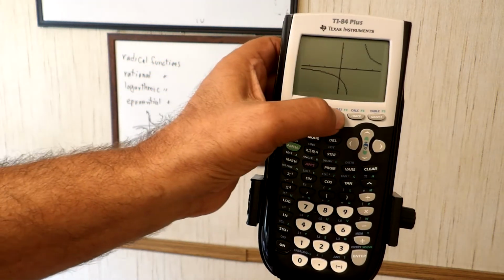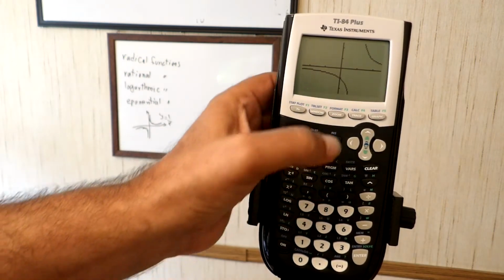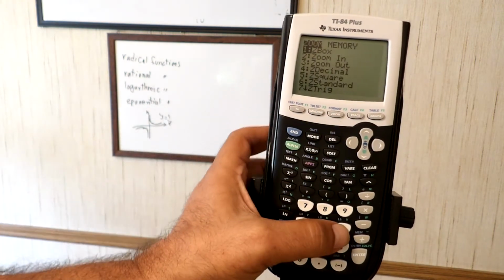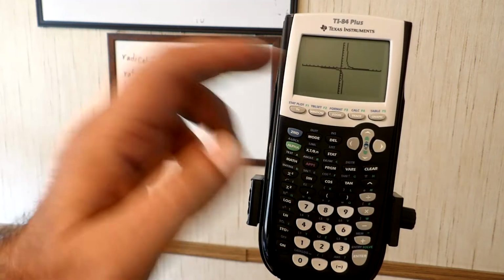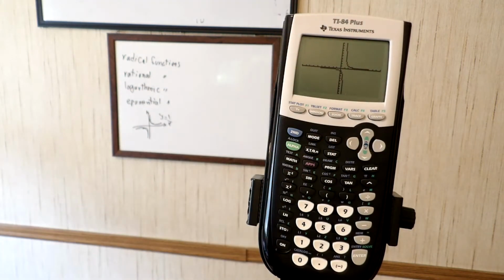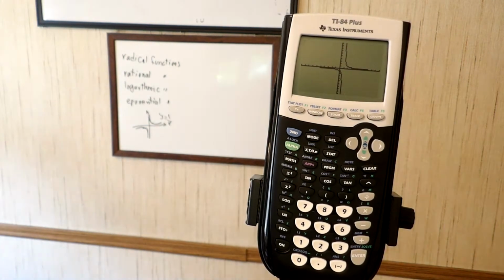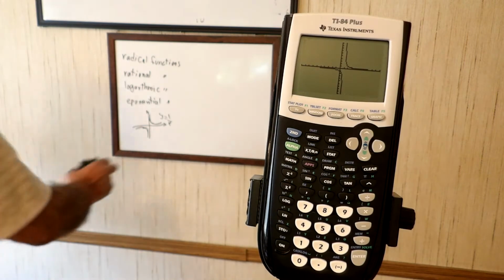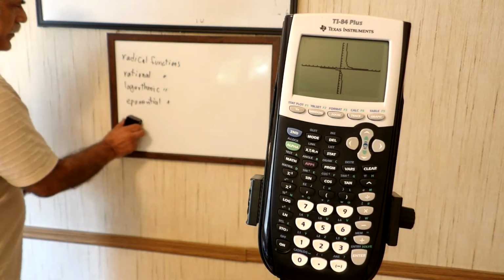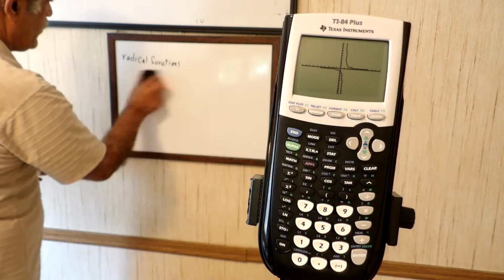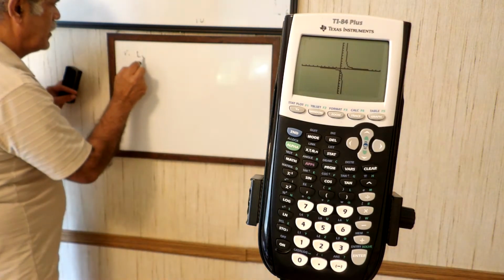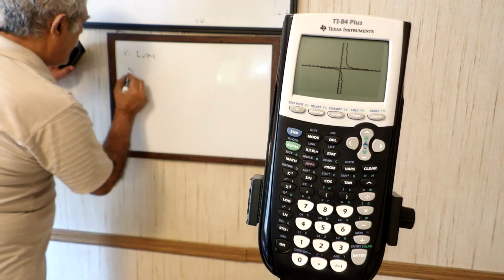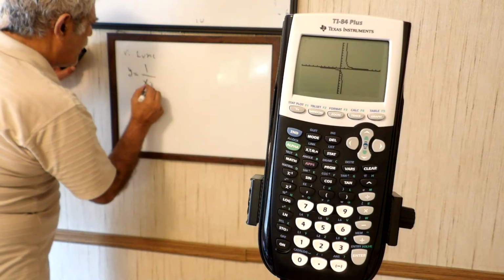If you want to zoom it, standard 6. At x is equal to 1 we don't get any answer. y is equal to 1 over x minus 1.